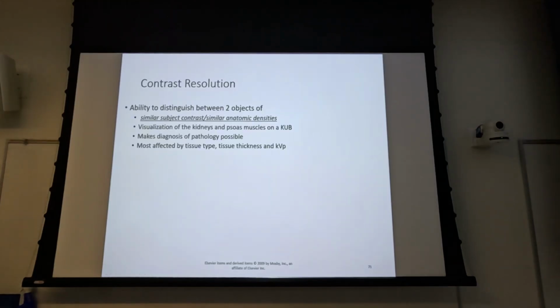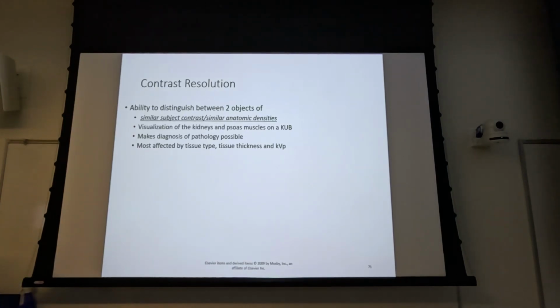Okay, so when we do KUBs, we start off with chest x-ray, and the next thing we do is KUB. With KUB, it's hard to see stuff except for the spine and the pelvis. And usually the first thing that you can pick out are those psoas muscles, because they have a little bit higher density, and you've got the separation of different tissue types, so you can make them out a little bit.